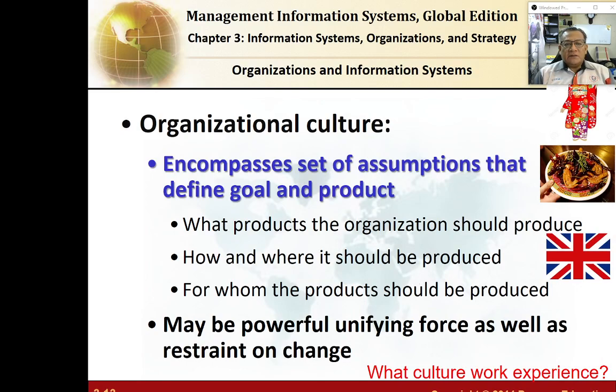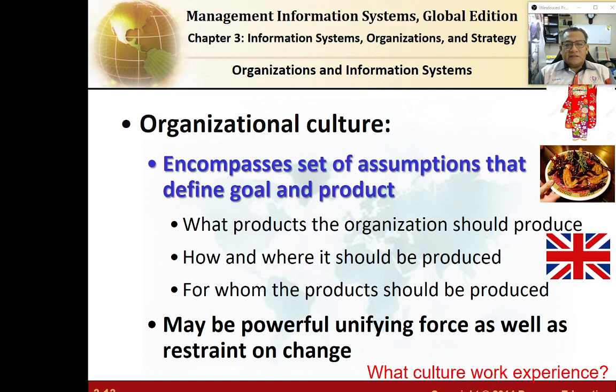Then now comes the organizational culture. So what does culture mean? Culture is basically a set of assumptions that define goals and products, right? So what are the products that the organization should produce? For example, like Fujitsu just now, they must produce keyboard components, relays, and the heat cartridge for the printer, right?